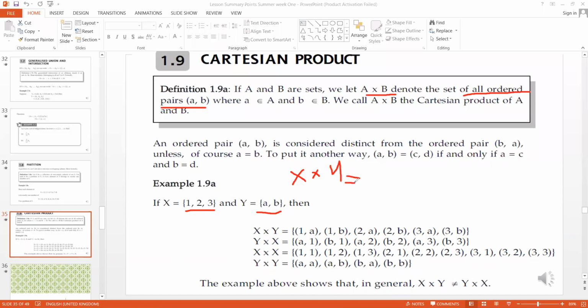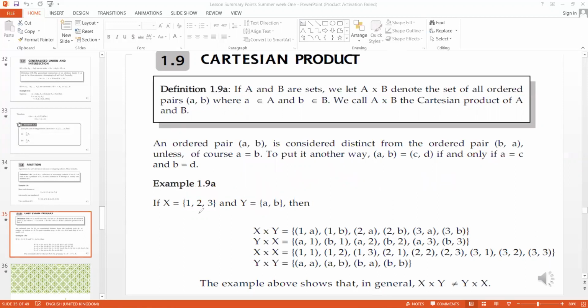Pairing just means you take the first element in X and pair it with the first element in Y, so you get the pair 1, A. Then the next pairing will be 1, B. Then you go to the next element, so it will be 2A, 2B. Then 3A, 3B. So we are just pairing them in that order.